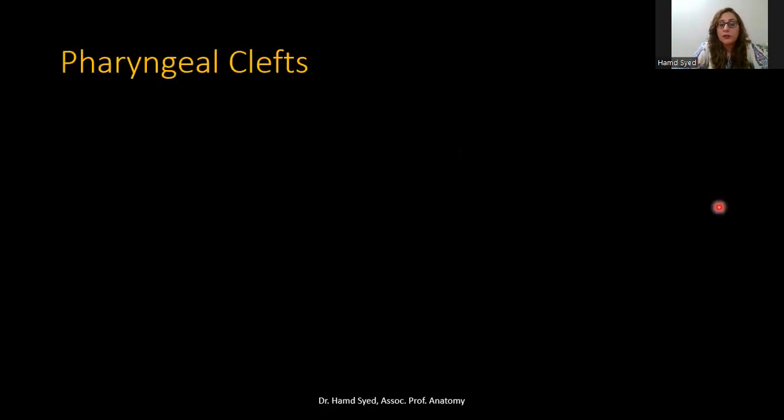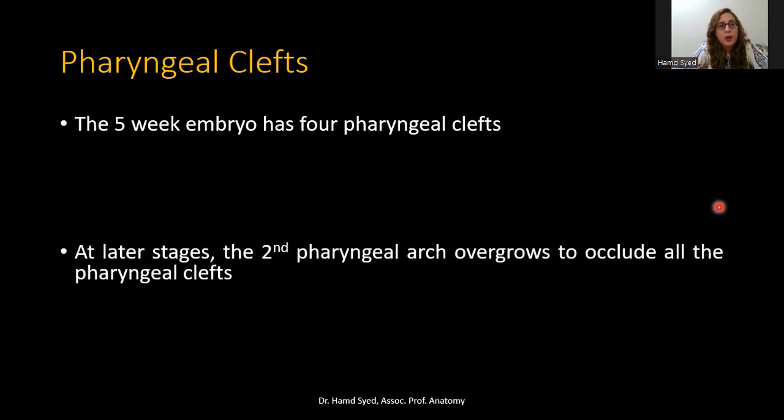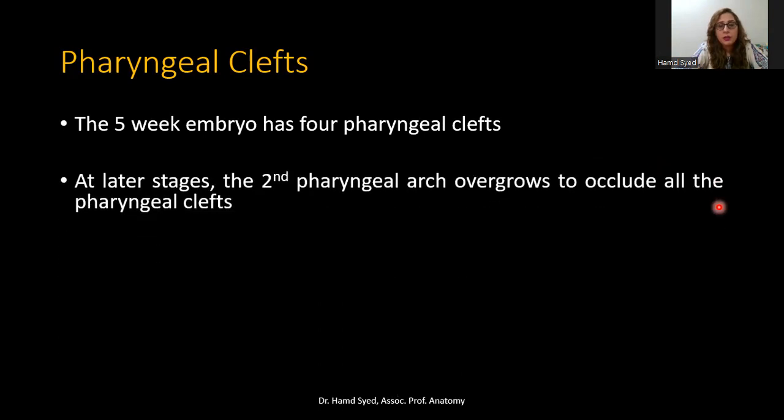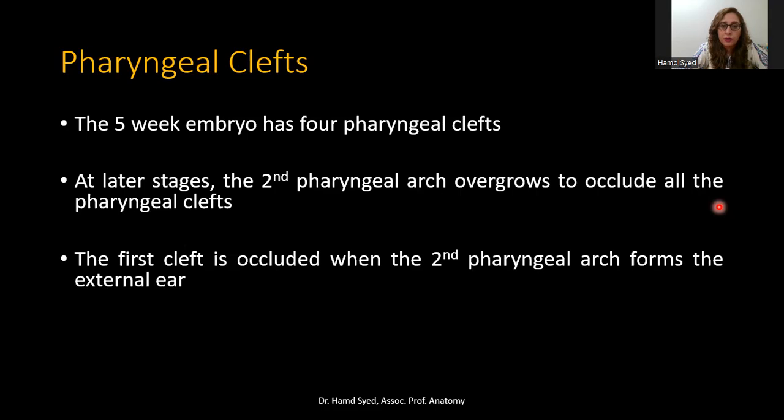Let's talk about the pharyngeal clefts first. The 5-week embryo has 4 pharyngeal clefts. And at later stages, remember, the second pharyngeal arch overgrows to occlude all the pharyngeal clefts. The first cleft is occluded when the second pharyngeal arch forms the external ear.